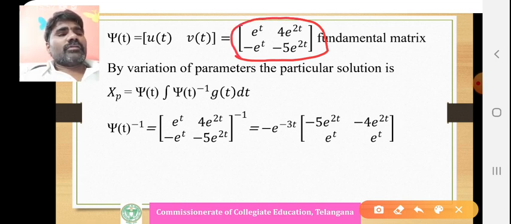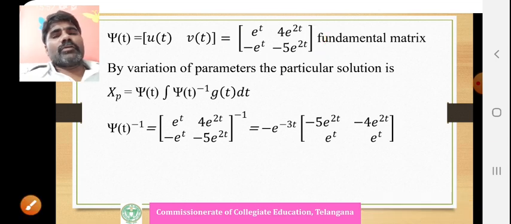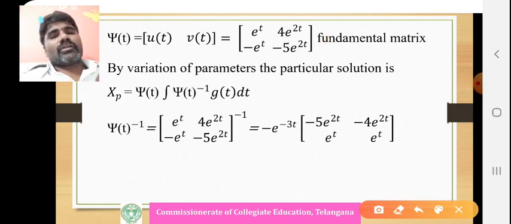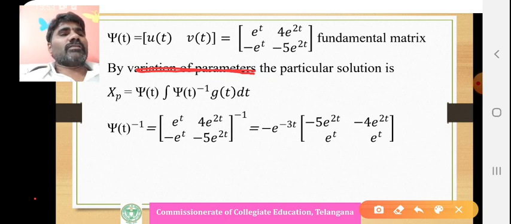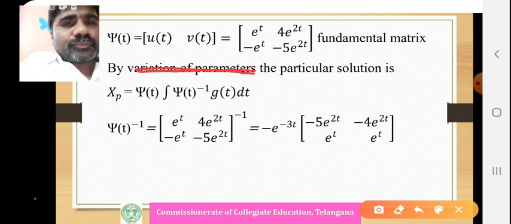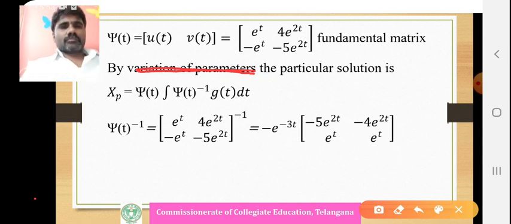Now, the solution of this system by the fundamental matrix method, not variation of parameters, we are not discussing that here. The particular solution is given by xp equals psi of t into the integral of psi inverse of t times g of t dt.